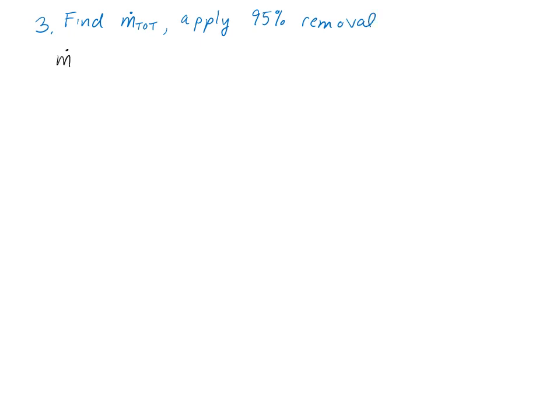So our M dot going into the cyclone is the sum of the M dot coming from A plus the M dot mass flow rate coming from B. This is equal to Q sub A, the flow rate from bin A, times the concentration in that exhaust, plus Q sub B times C sub B.